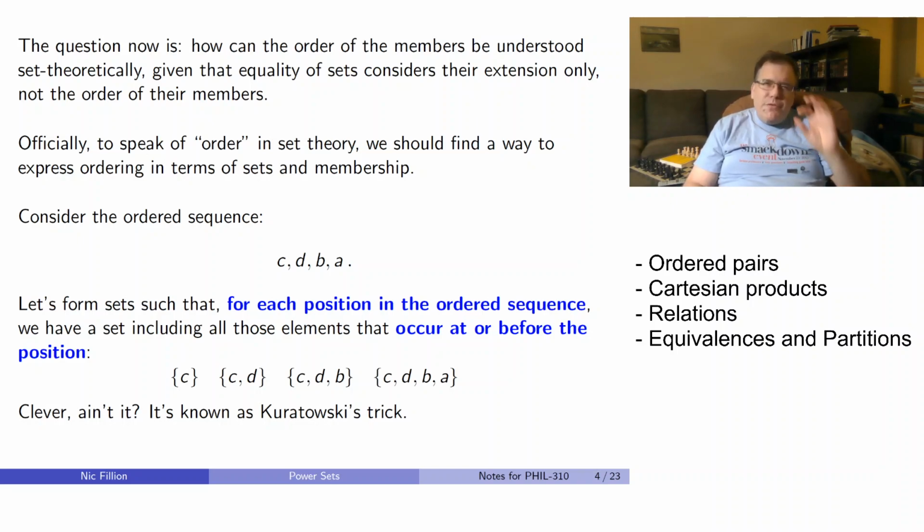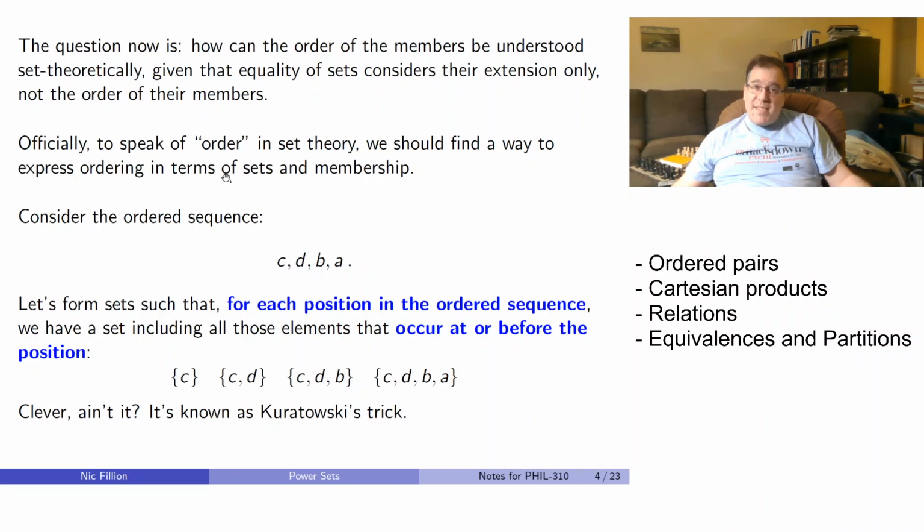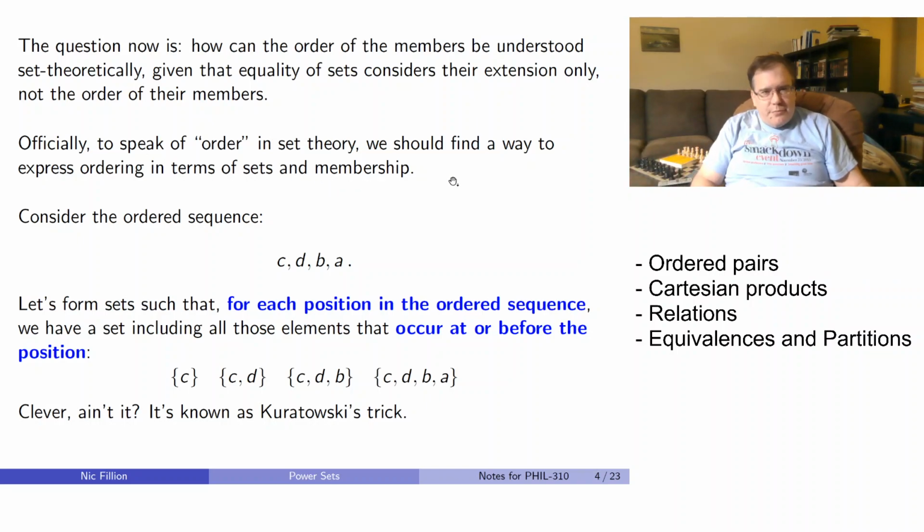So if we want to find a way of talking about order with the principles of set theory that we already have, we're going to have to find a way of expressing the concept of ordering in terms of set membership as we have already introduced it.